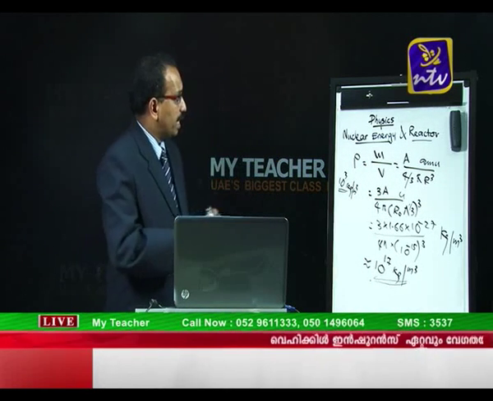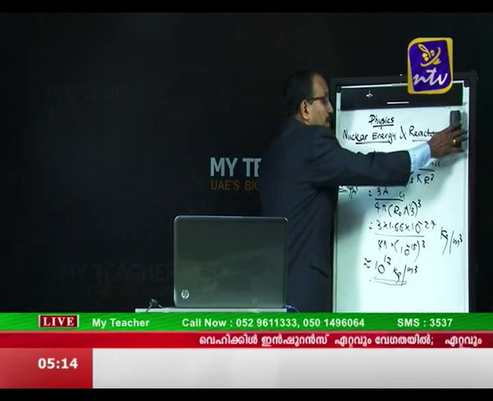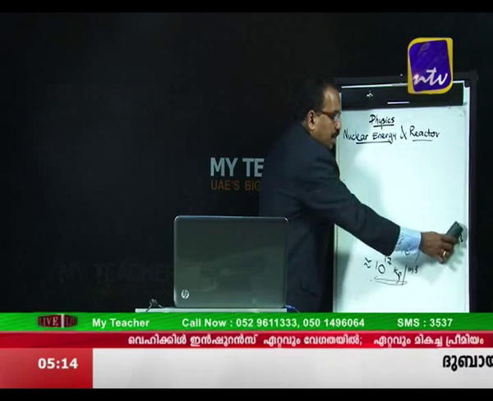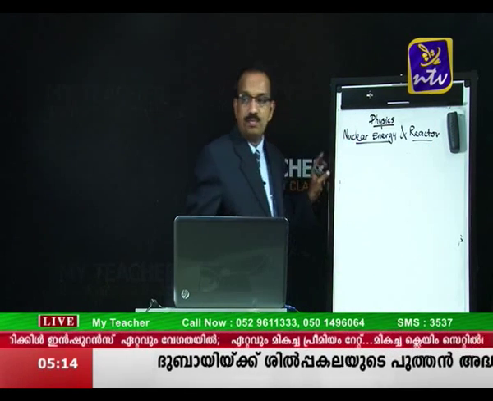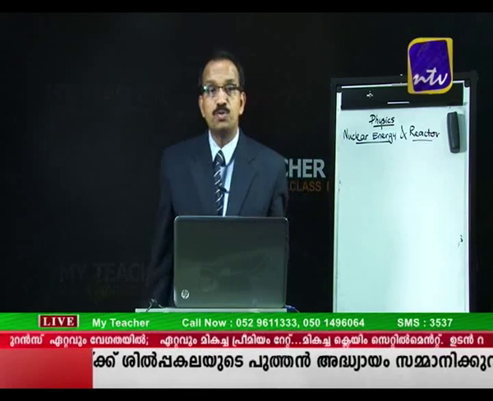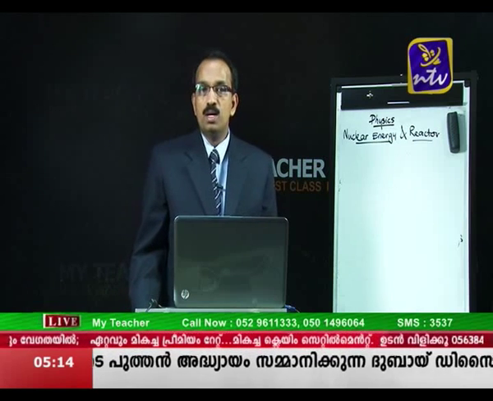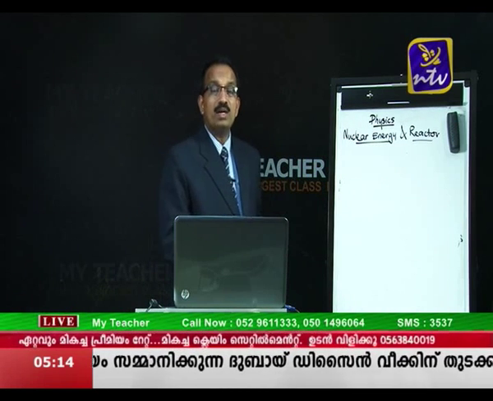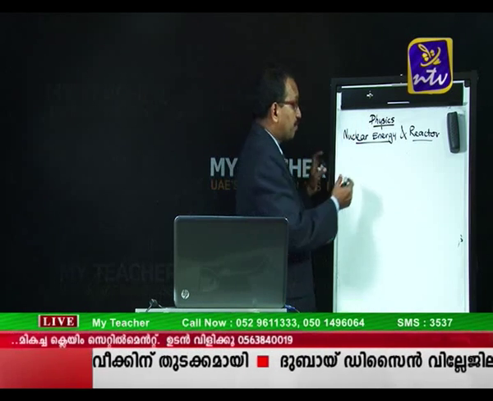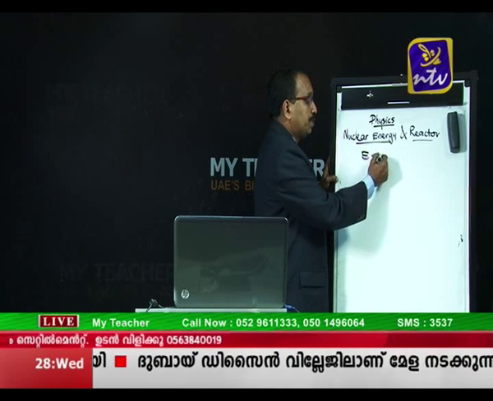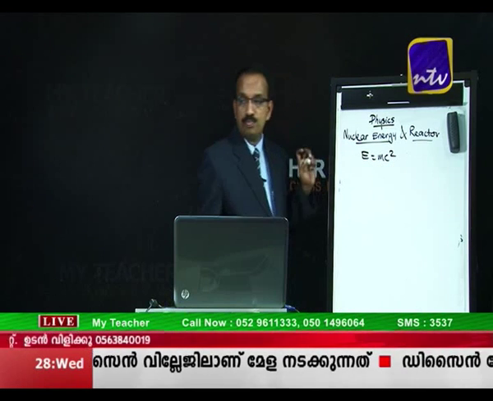So where exactly is the energy coming from? From the nucleus. We know energy cannot be created as such. It can only be converted from one form to another. That's one concept, but in this situation, we may make use of a concept given by Albert Einstein, the famous mass energy relation, E equals mc squared.